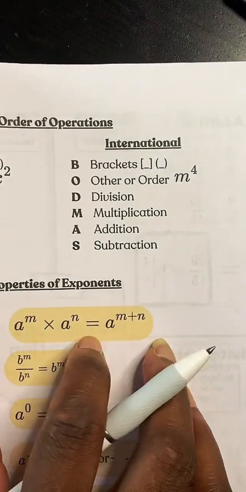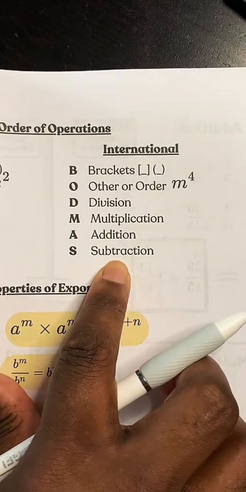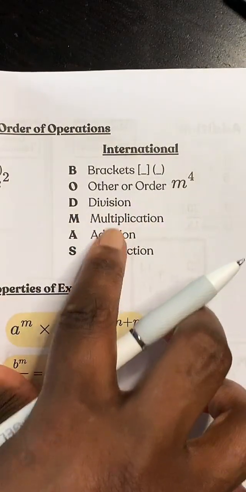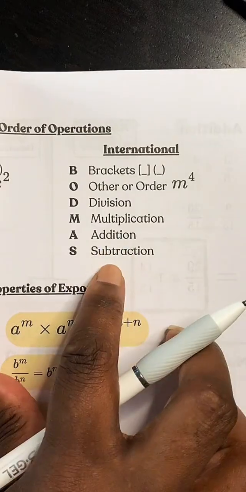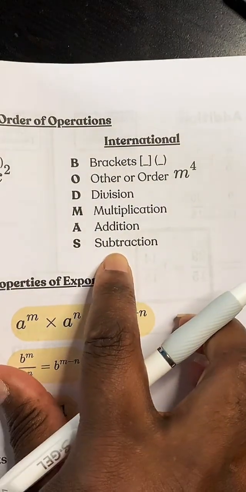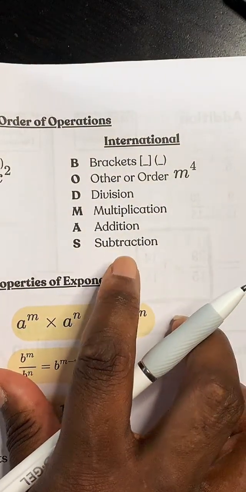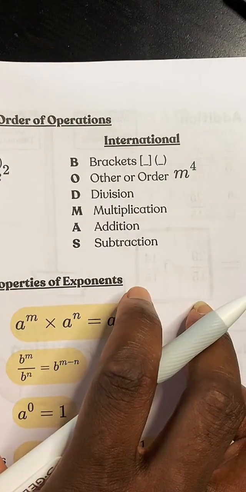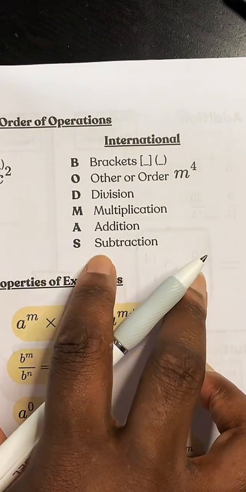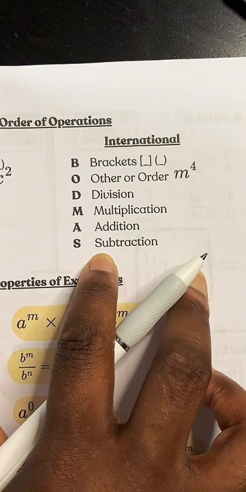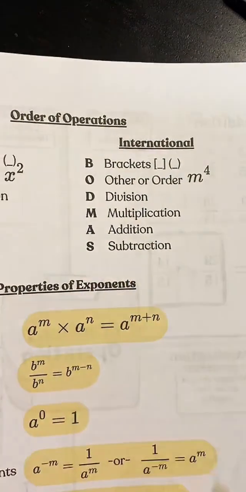But if we're going international, usually we do our brackets, then you have your others, your division, multiplication, addition, then subtraction. Very similar, but you may not be familiar with PEMDAS, okay? But this is exactly what you're doing. Very similar, okay? So let's take a glance.